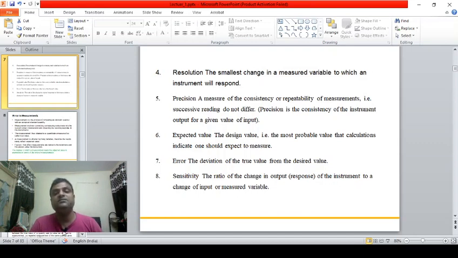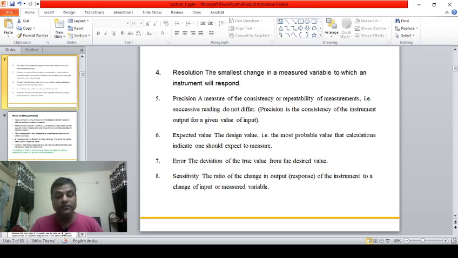So precision is the consistency of the instrument's output for a given value of the input. For example, if you use a voltmeter for measuring voltage, we know that the standard value of the voltage is around 220 volts, and if we measure with the help of the voltmeter, we get around 210. So there are two possibilities: one, the voltage is low, and second, my instrument does not respond correctly.